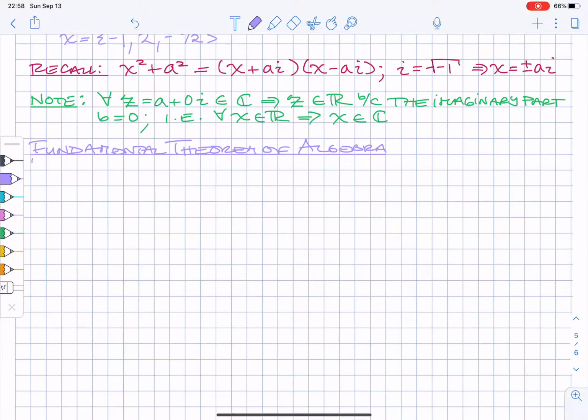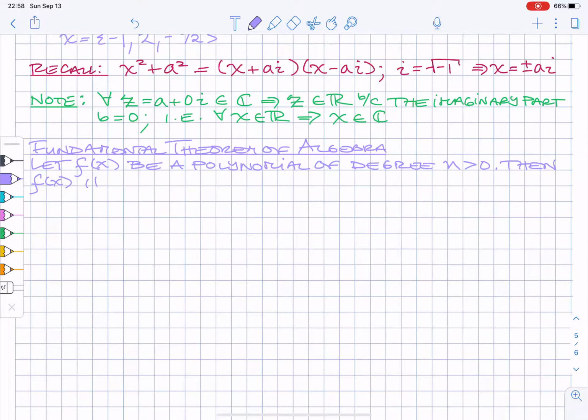Okay, so let's let f of x be a polynomial of degree n larger than 0, which basically means it's linear or larger. So then f of x has n linear factors over the complex numbers, over C.